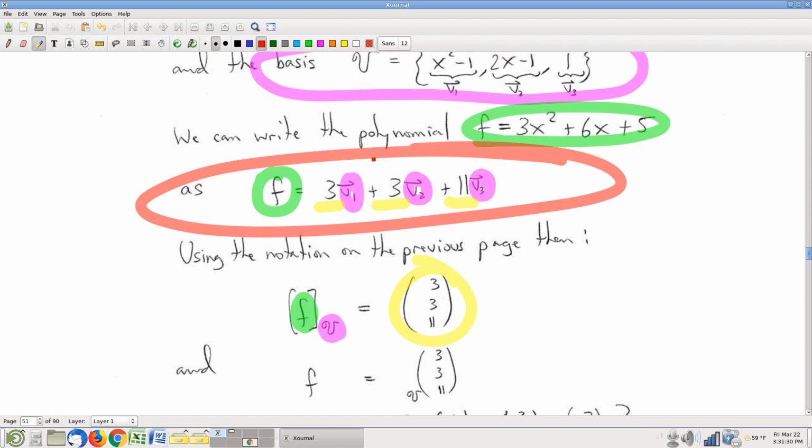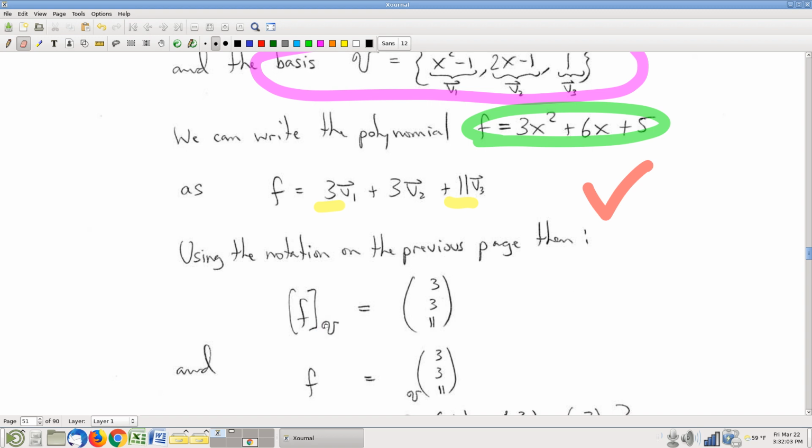Or, if you like, f is the 3, 3, 11 linear combination of the script V vectors. So all of those enunciations that I just made, they all say this same statement right here. Those all say the same thing. Okay.